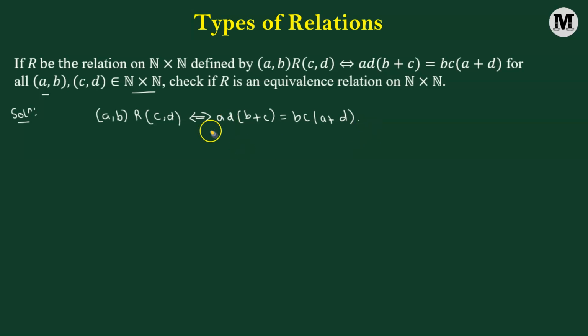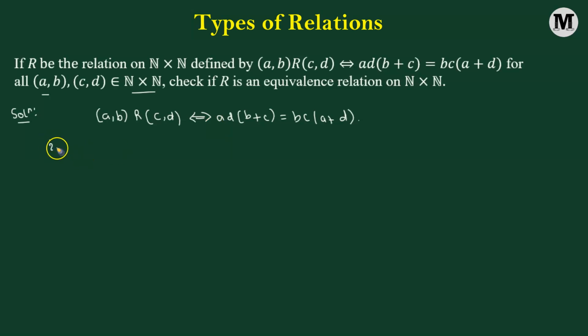This is given to us. If this equation is true, then (a, b) is related to (c, d), and vice versa. Now, using this, we need to show whether R is an equivalence relation or not.